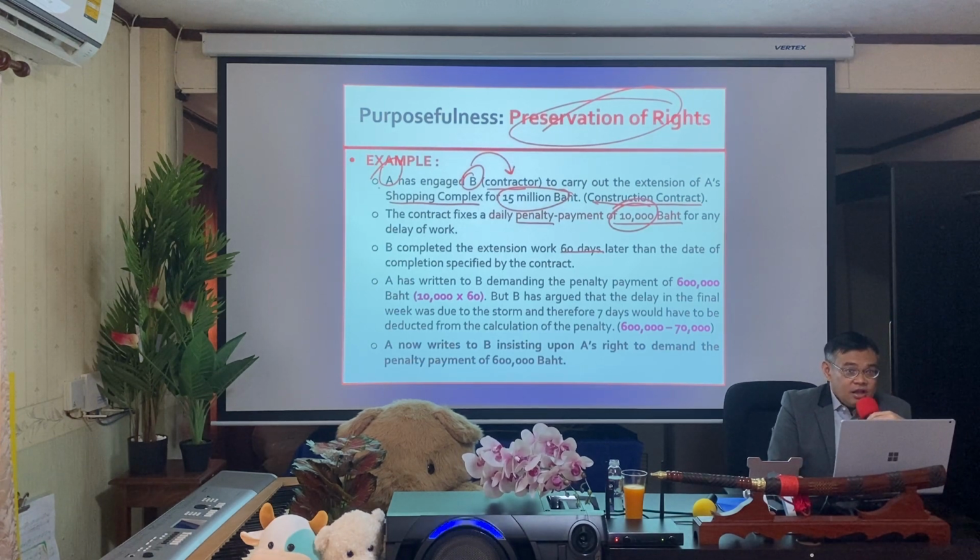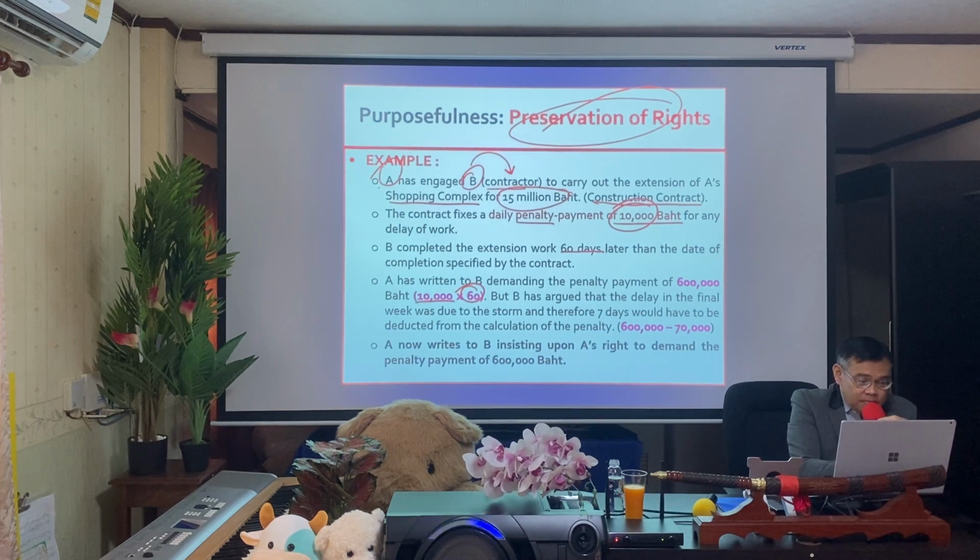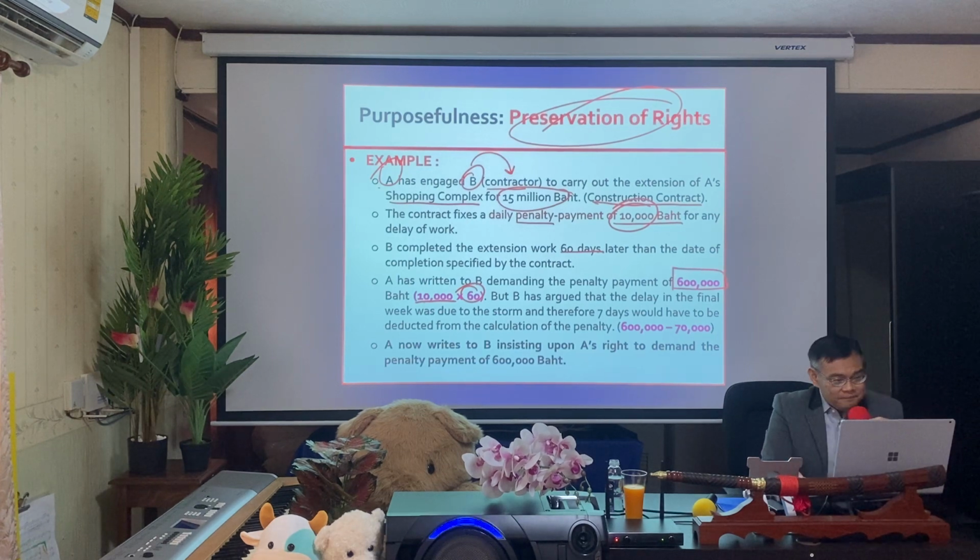Given that the delay is 60 days, the penalty would be 10,000 multiplied by 60, making 600,000 baht. So A demands B pay 600,000 baht as penalty.